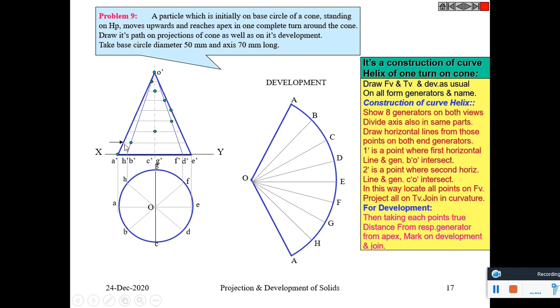So in front we get a clear line, and behind this we get a dashed line. Project these points in the top view as well. Mark these points in the development as well.